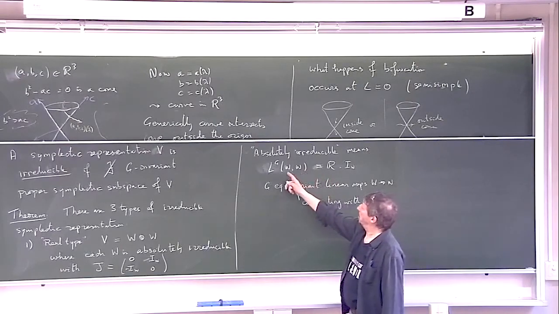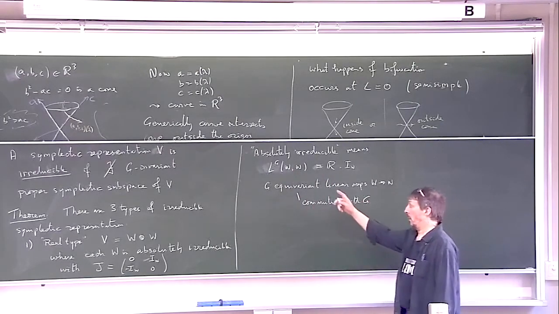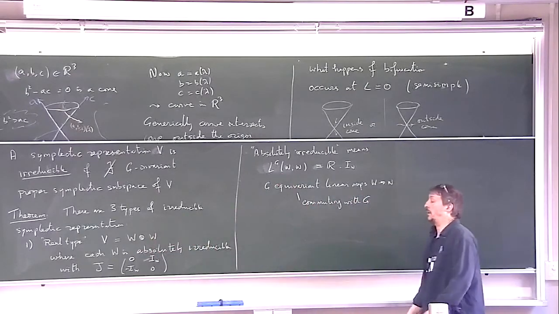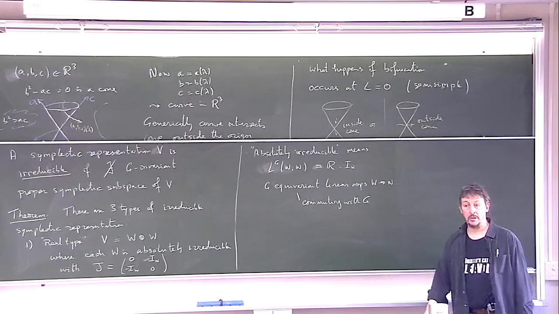So here, on W, this summand, LG, anything that commutes is just a scalar multiple of the identity.